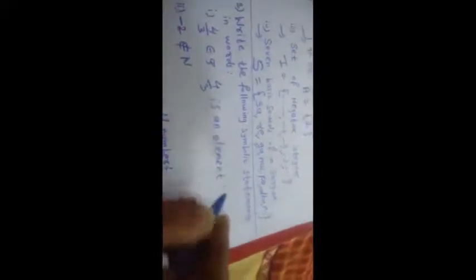So how can we read this symbolic statement? 4/3 is an element of set Q, or you can read it as 4/3 is a member of set Q.